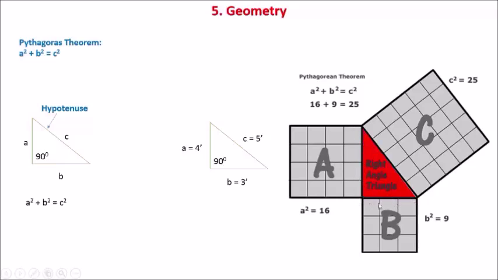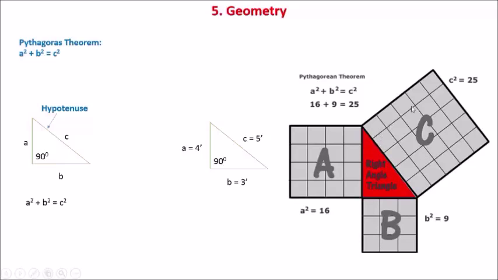Here I have a square with side 3, exactly 3 feet. That means I can put 3 tiles, 3 tiles, 3 tiles. So b squared is 9. We can also see that b squared is exactly 9 tiles, okay? Similarly, the hypotenuse here is exactly 5 feet.